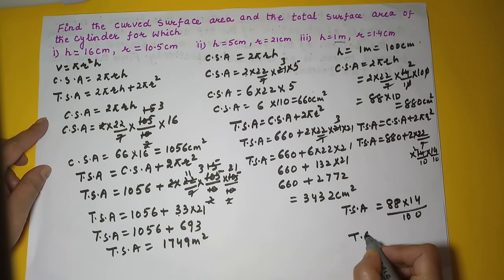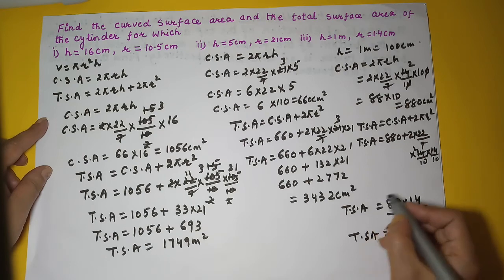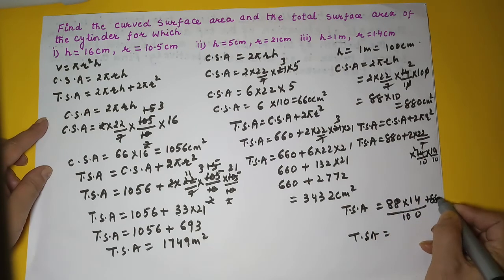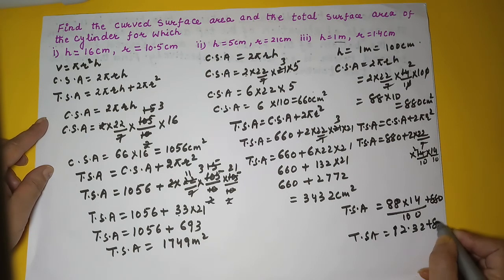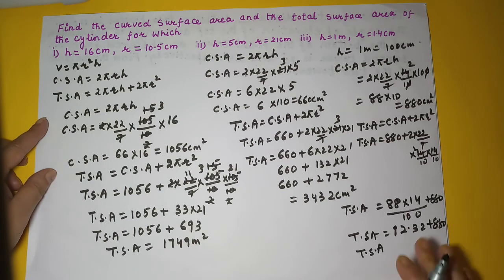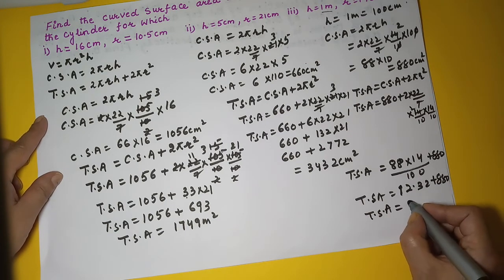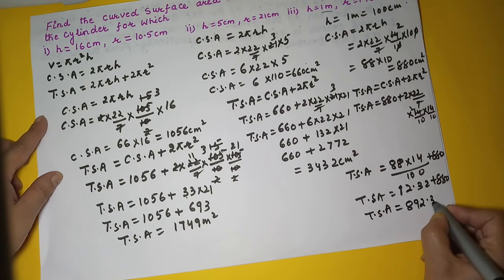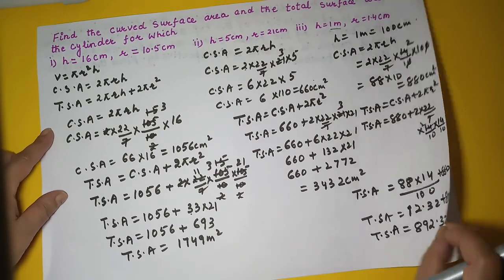So this will be 12.32 plus 880. So finally your total surface area is equal to 892.32 centimeter square, right?